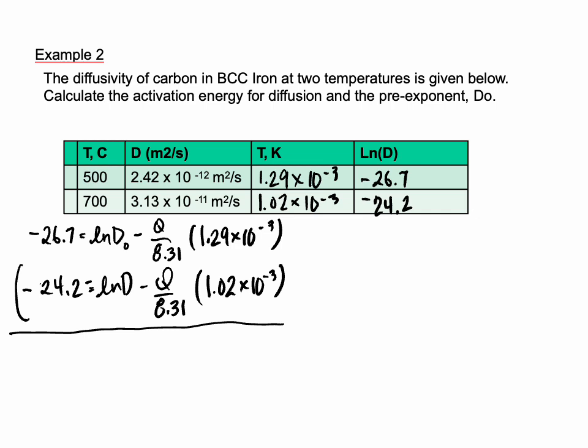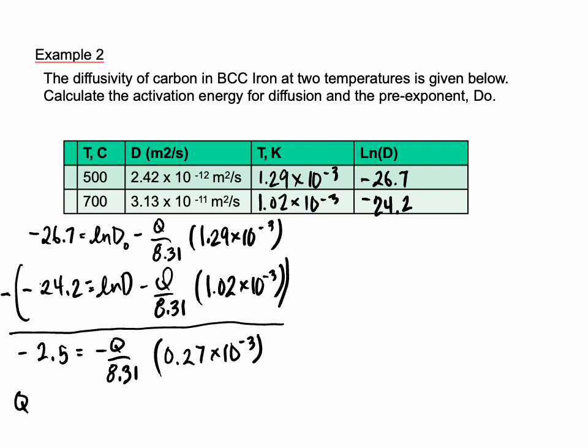And I'm going to subtract the second equation from the first equation. And I get negative 2.5 is equal to negative Q over 8.31 times 0.27 times 10 to the negative 3.